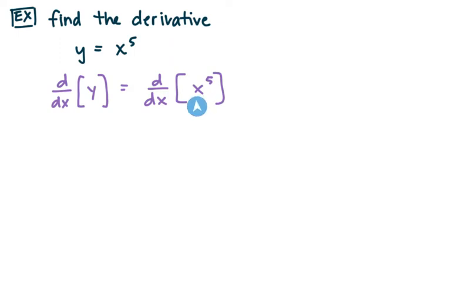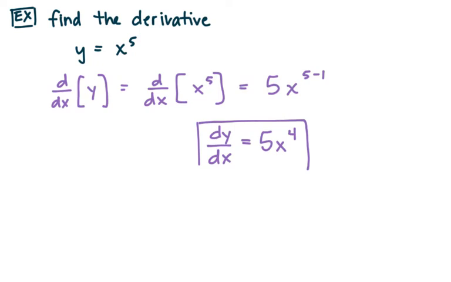Now here, x to the fifth is a variable raised to a constant power, so we can apply the power rule. What the power rule says is that we take that power, pull it out in front as a multiple, so it's going to become 5x, and then we reduce that power by 1. So the derivative of y with respect to x equals 5x to the fourth.